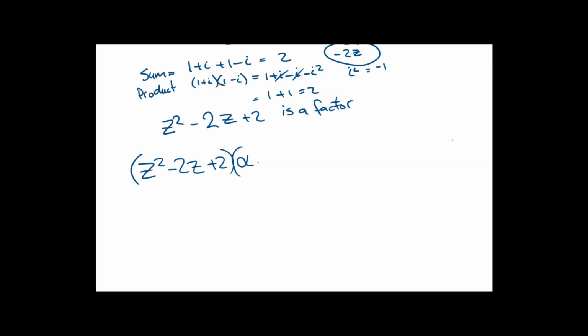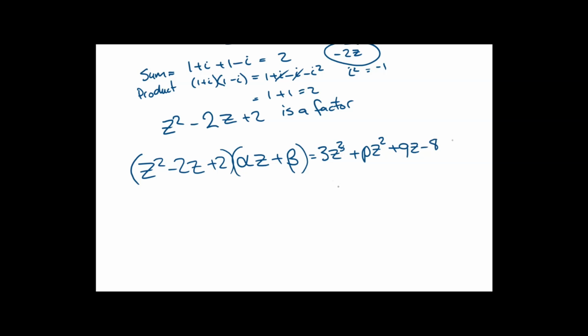So let's call this alpha z plus beta. It's going to be equal to the original equation, which is 3z cubed plus pz squared plus qz minus 8.